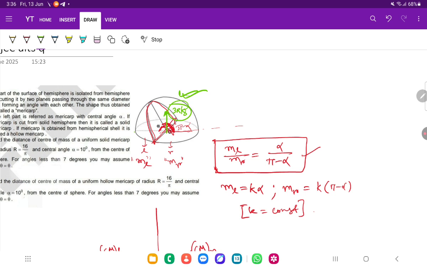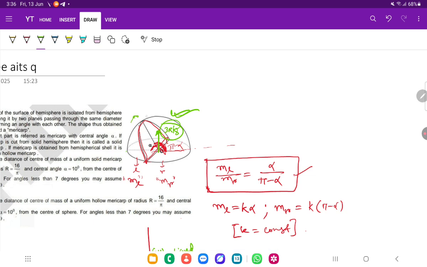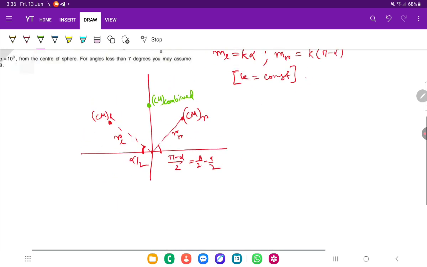So this is a very general result and you should keep it remembered, right? And so I'm marking here as, let's say, CM combined. I'm defining like this because if you join these two medicaps, it will finally convert into a solid hemisphere and center of mass will be here and its height will be 3r upon 8.